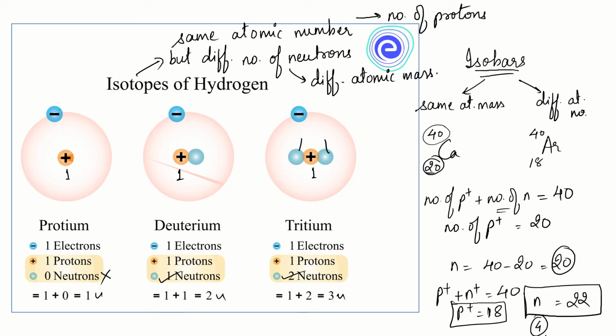Now why is this difference there? Why are the number of neutrons more in argon? That's because when the number of neutrons is more, it adds to the stability of argon. And argon is a noble gas. So, what are the noble gases? These elements do not react with any other element. They themselves are very stable, very happy being on their own.